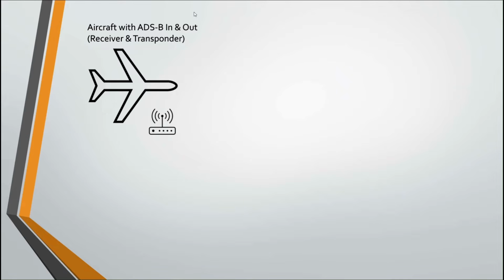Next is a short diagram of how ADS-B In and Out works. This is very simplified, so please excuse any overlooking of really detailed information with the ADS-B network. First off, we have an ADS-B In and Out that is on an aircraft. So this aircraft has a receiver and transponder.